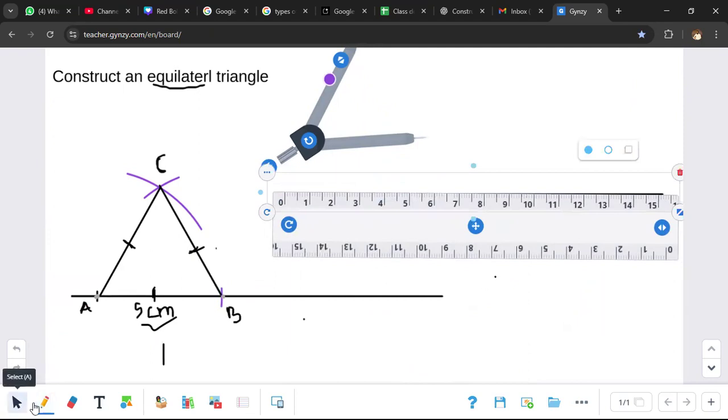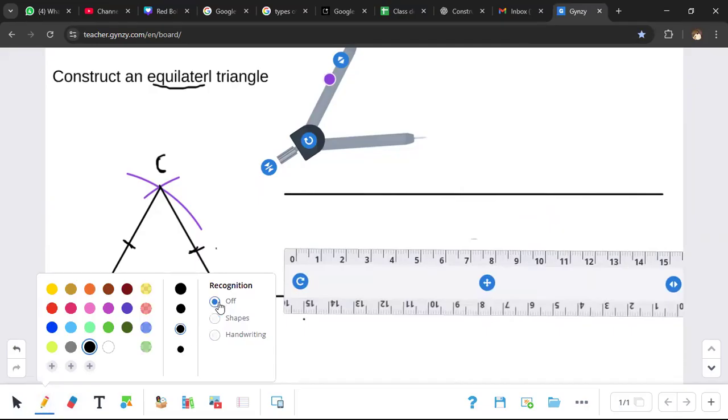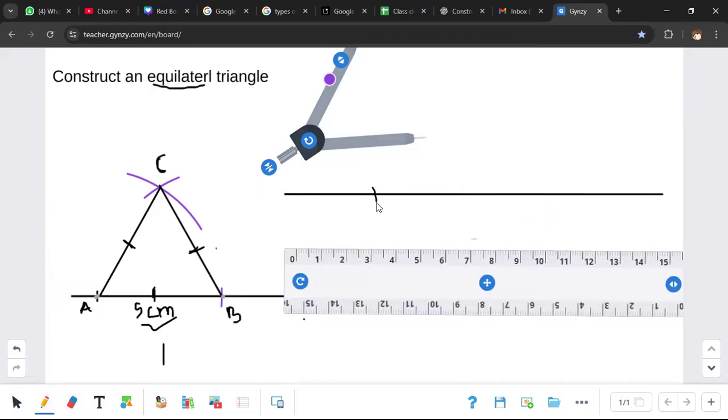Okay. Then I'm going to remove the ruler. Then by using my pencil, I am going to mark a point A like this. If you want, you can mark it whatever you want.